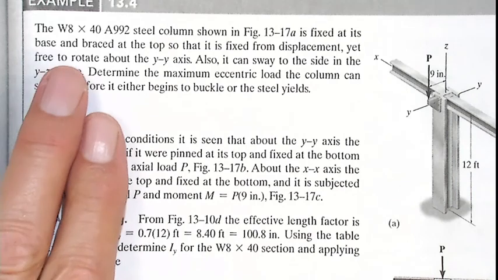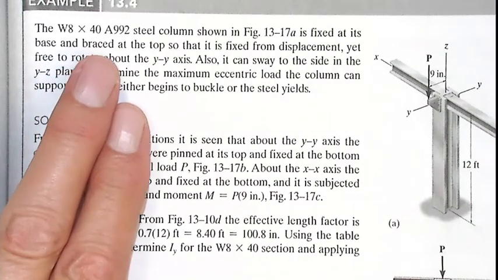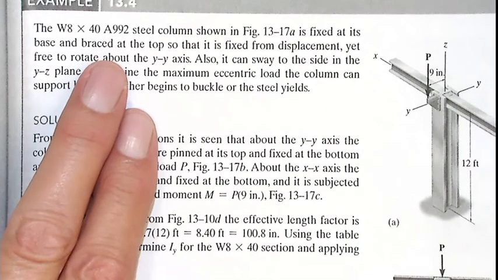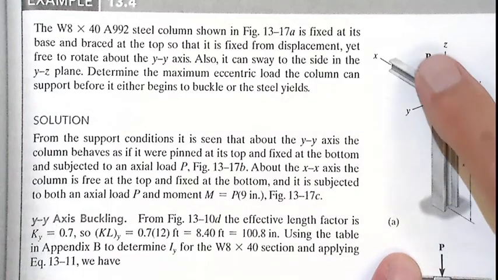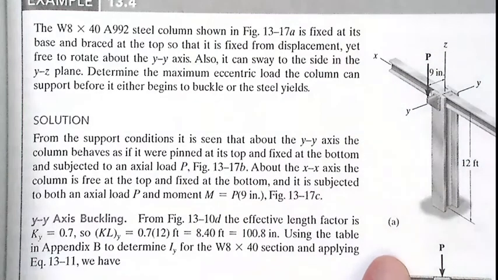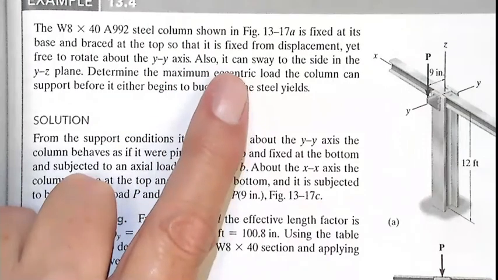The W8 times 40 A992 steel column is shown here, fixed at its base and braced on the top. You see that that is an I-beam, so it is fixed from displacement.